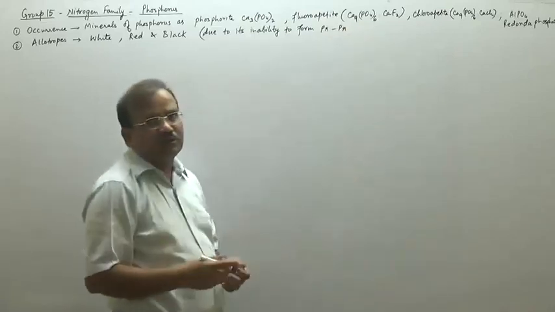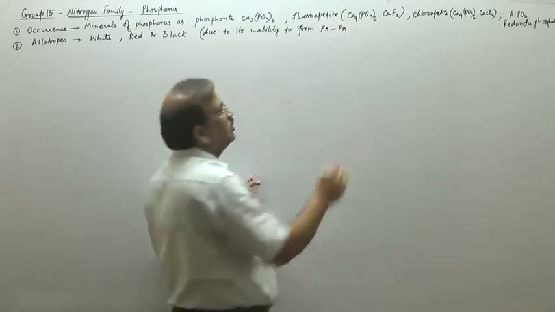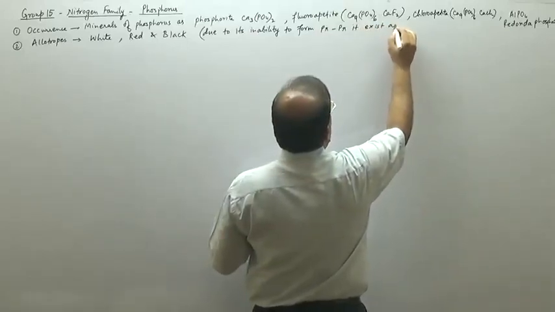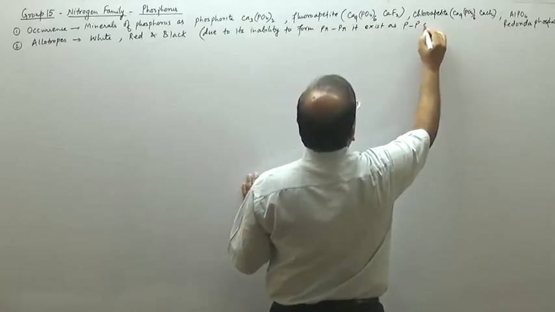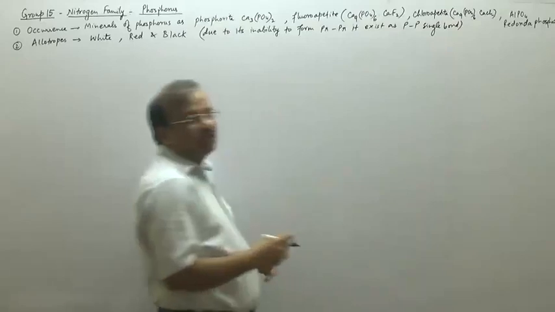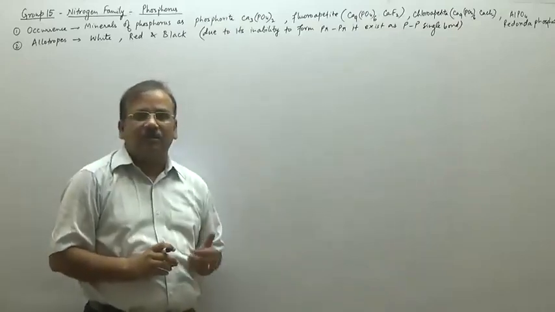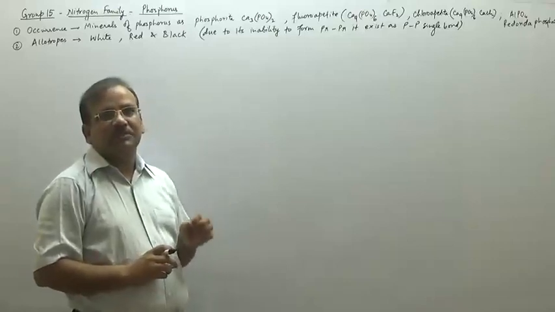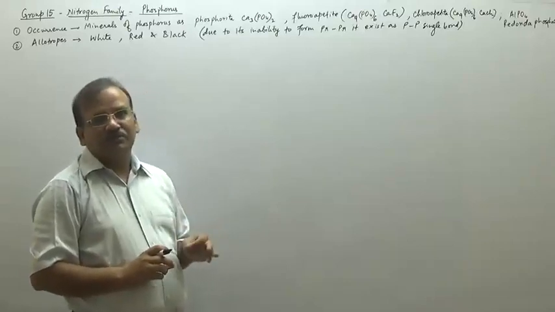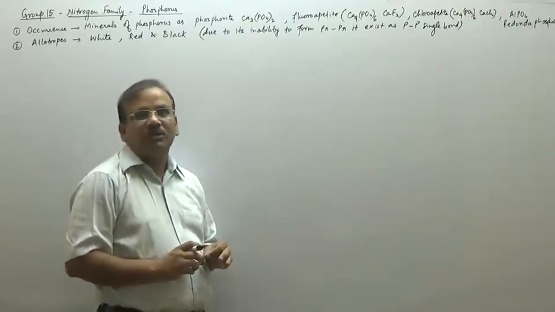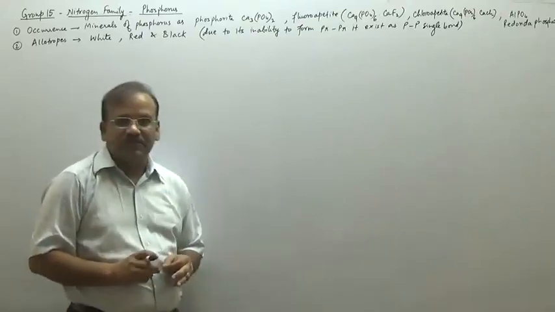It exists with phosphorus single bonds. So all the phosphorus, either red or black or white, exist in a structure having single bonds, because of its inability to form pi bonds, as in the case of nitrogen.